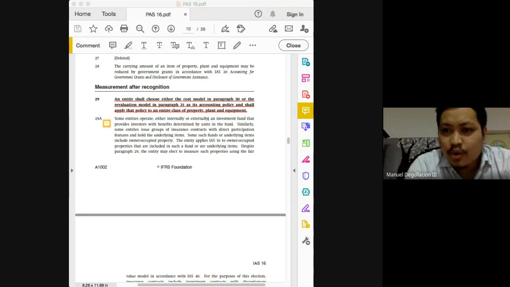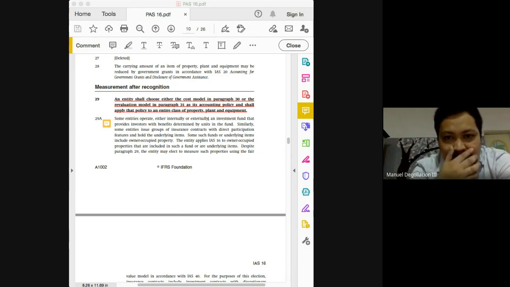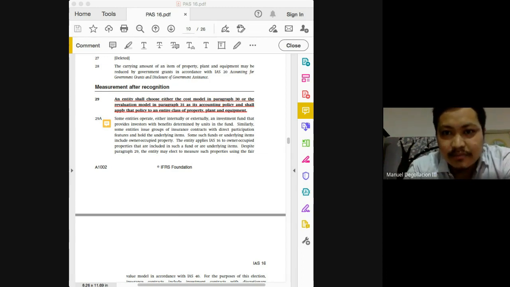Okay, the owner-occupied classification of assets is relevant when discussing investment property. Okay, so I want you to approach paragraph 29A, class, merely as a source of another item to which PAS 16 applies. Okay, again, if we go over paragraph 29A, this tells us that some entities operate either internally or externally an investment fund that provide investors with benefits determined by units in the fund.